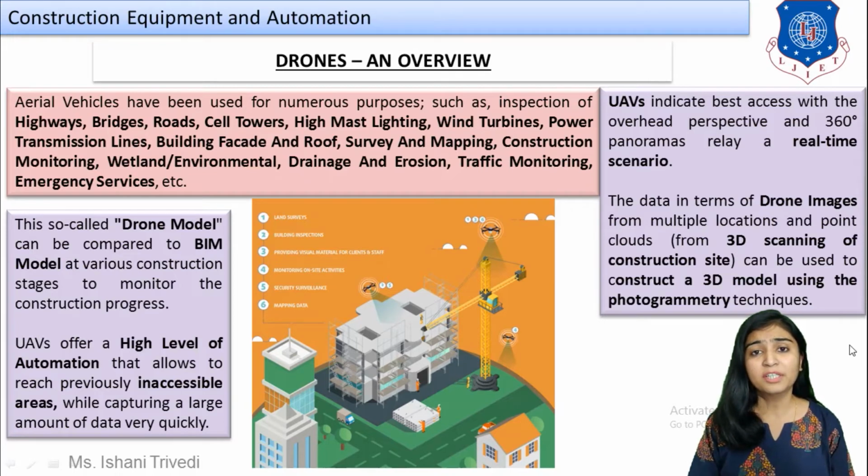Hence the model which will be generated, the 3D site model, with the help of the drone survey, the photogrammetry survey, is a model which can be compared to BIM, that is Building Information Modeling. You know what BIM is, and we will be studying that in detail further in our syllabus.